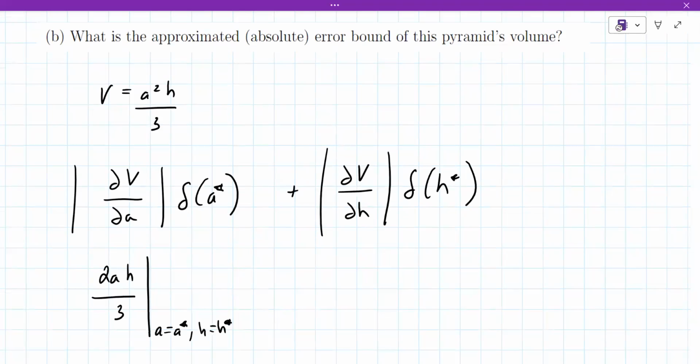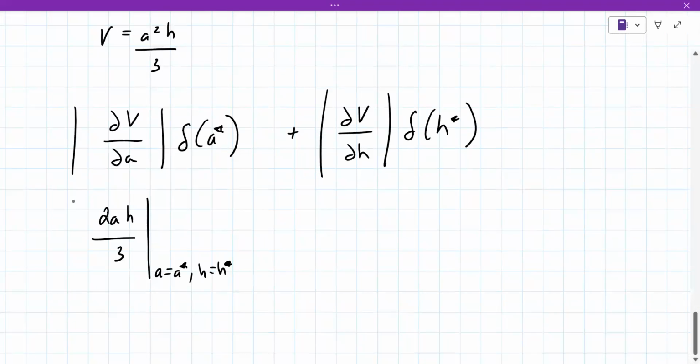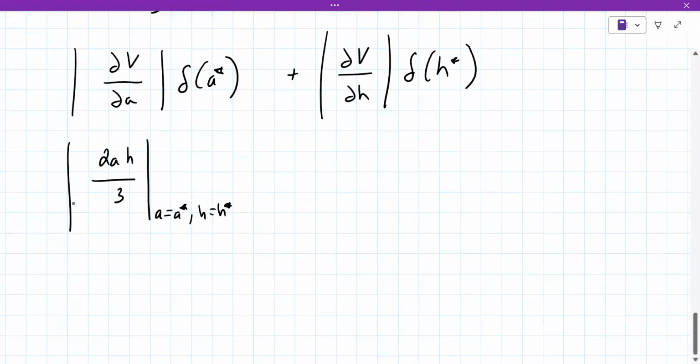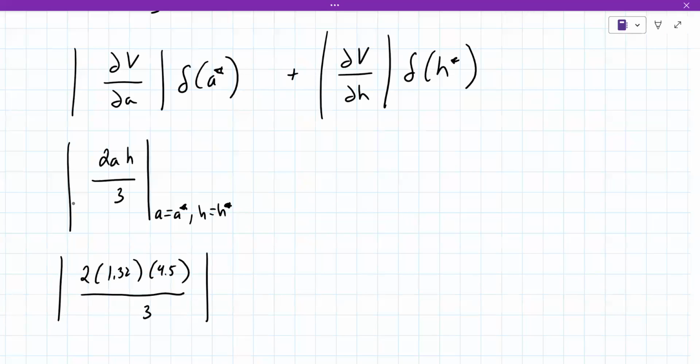So you have to put those values from the original problem. So it's like this: 2 times 1.32 times 4.5 over 3, absolute value of that, times 0.005. The 0.005 is the delta A star.